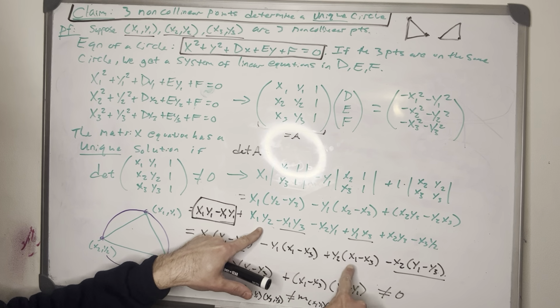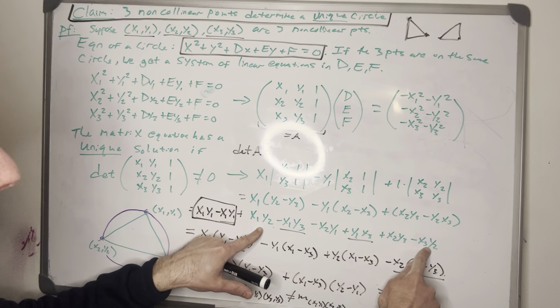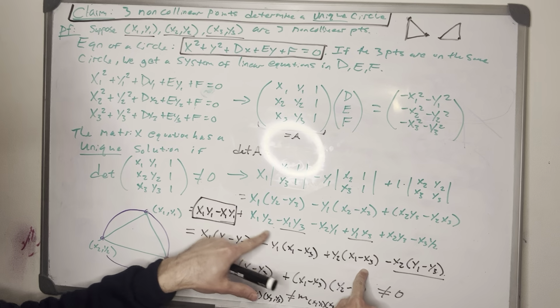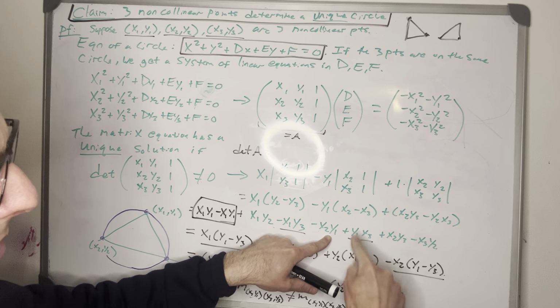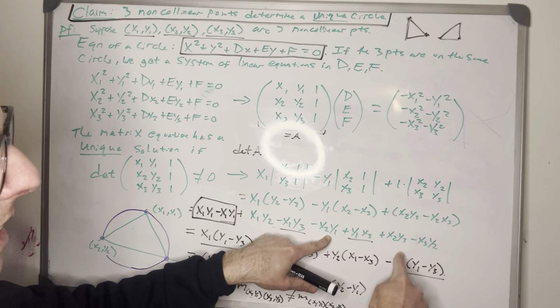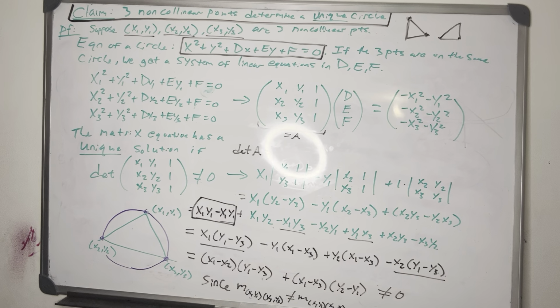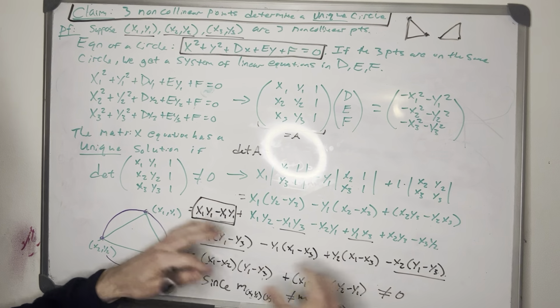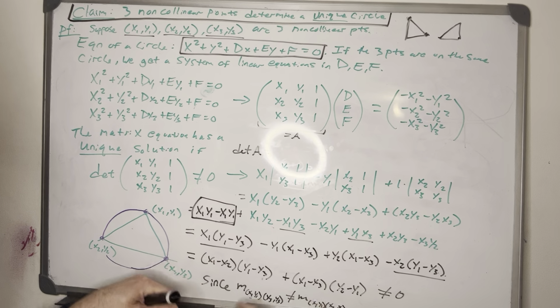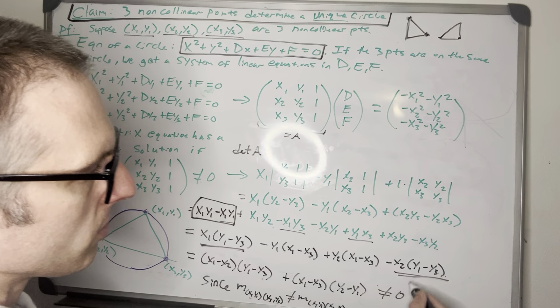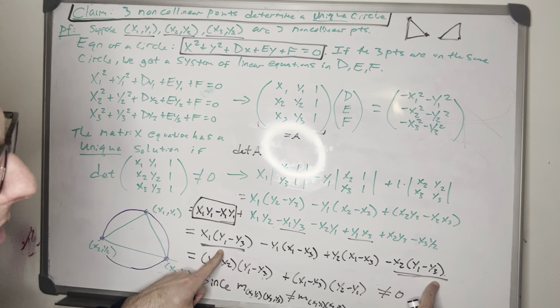What did we have? y2, y2. So these two, factor out y2, we get this, x1 minus x3, and then these two, factor out x minus x2, y1 minus y3. Okay, so we have those, group them together so we can factor out, and then we notice these two actually have y1 minus y3.